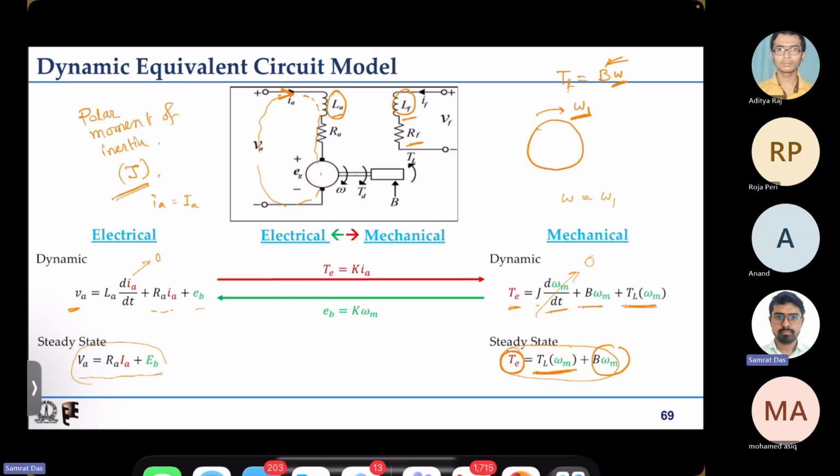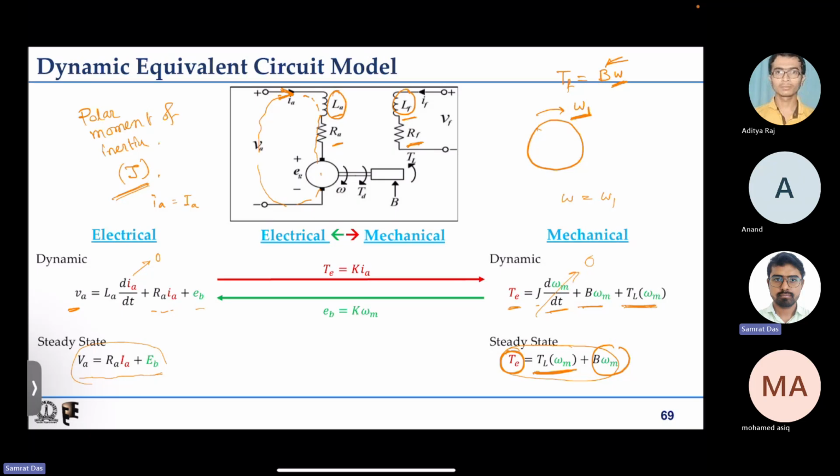We will also try to get some understanding of the resistances, their typical relative values, and what to expect for a DC machine of a given rating. Then we will look at the moment of inertia and frictional coefficient, which, as you can understand, are the dynamic model parameters for a DC machine system.